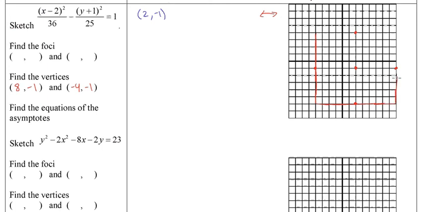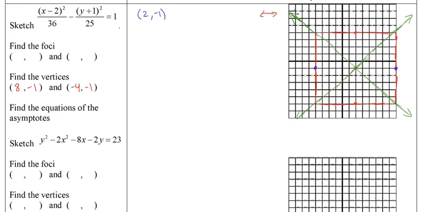This is just some information that we're using to graph the hyperbola. None of this box is, well, I guess the vertices are part of our hyperbola. But the rest of this is all just information we're using to help ourselves out. Sketching the asymptotes as well. Get those sketched in here.